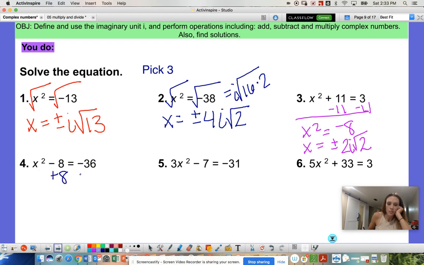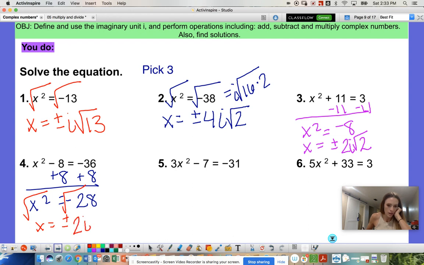All right, getting a little bit harder as we go down here. So we'll have x squared equals negative 28. And when we square root both sides, we have plus or minus 2i, because 4 times 7, right? Root 7.